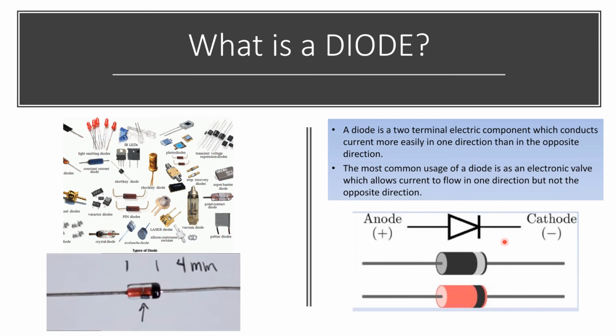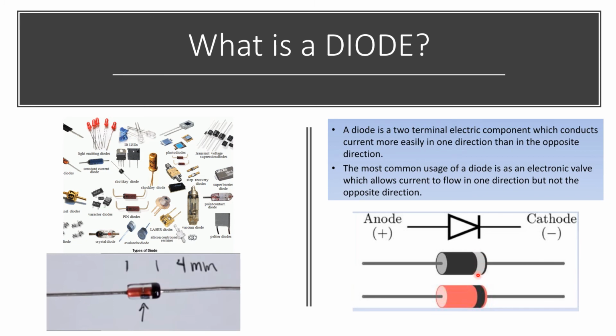Now, the symbol for a diode is just like this figure. The direction of the arrow means that this is the direction of the forward current, from positive to negative. If you have a diode and you connect it to a circuit, take note of this mark.